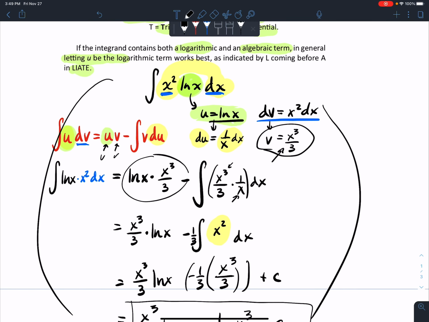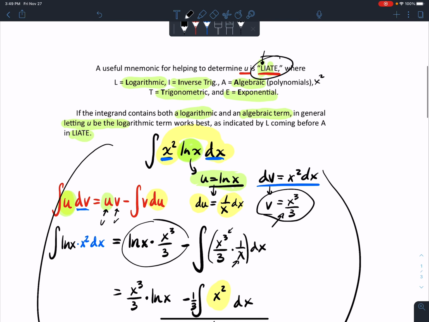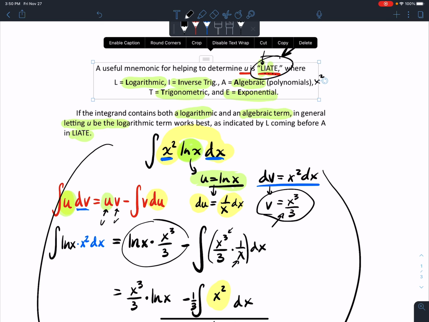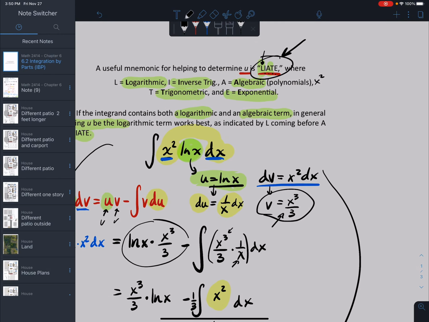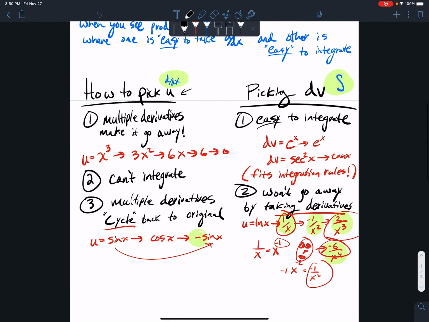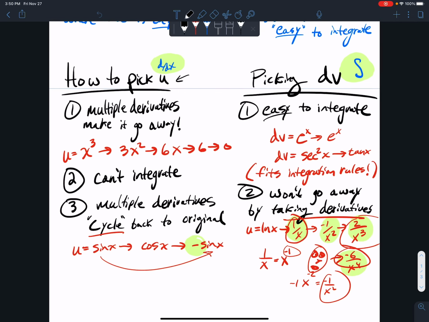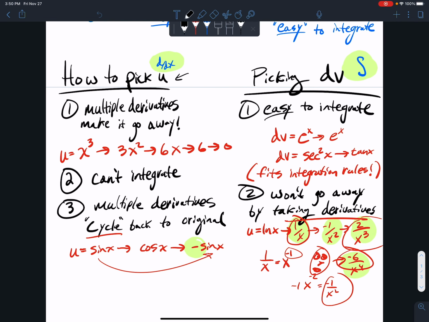If you want to use LIATE: L, logarithms first; I, inverse trig; A, algebraic expressions; T, trigonometry, like sine, cosine, tangent, cotangent, whatever; and then E, exponential, would be your last resort u. So just another option for you, if that helps you out.